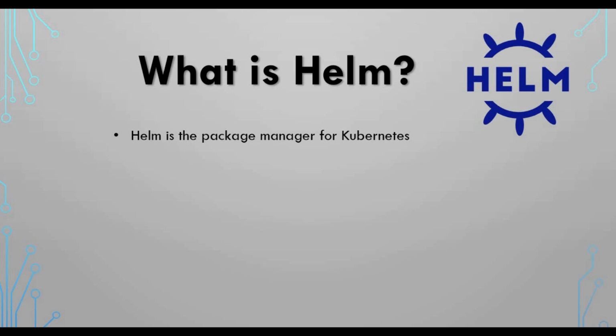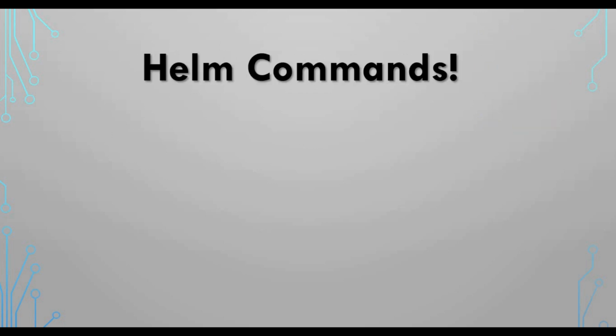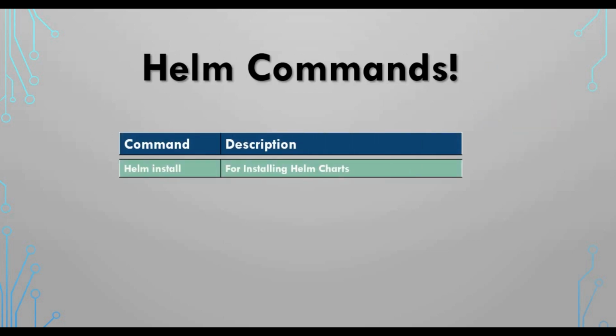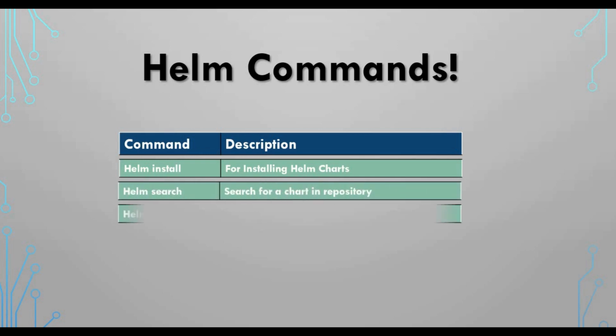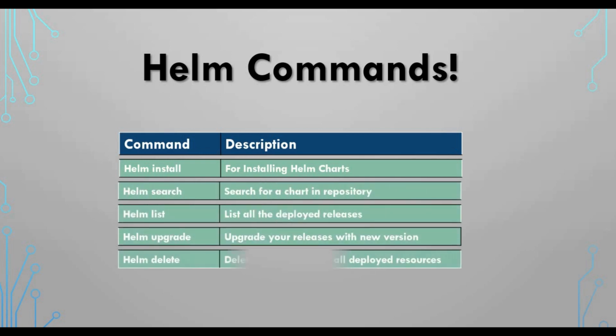We will see in this tutorial how you can provision an application from a package using Helm from your repository. We will use WordPress as an application which we will install on your Kubernetes cluster. In my previous tutorial we went through a few commands like helm install, helm search, helm list, helm upgrade, and helm delete.